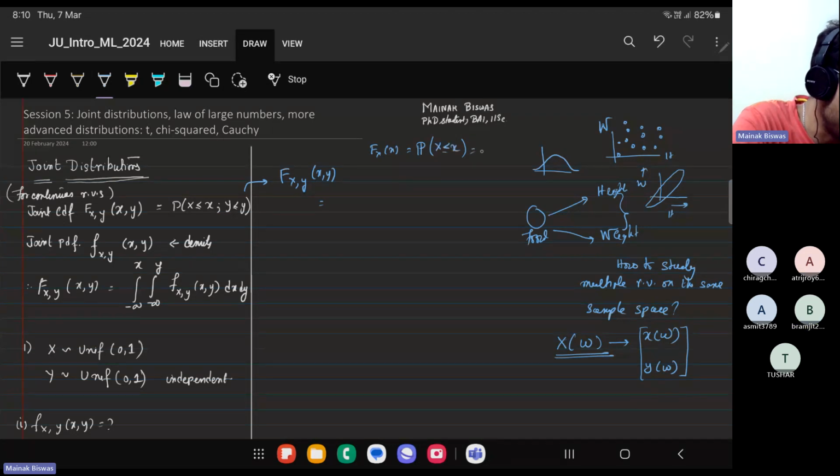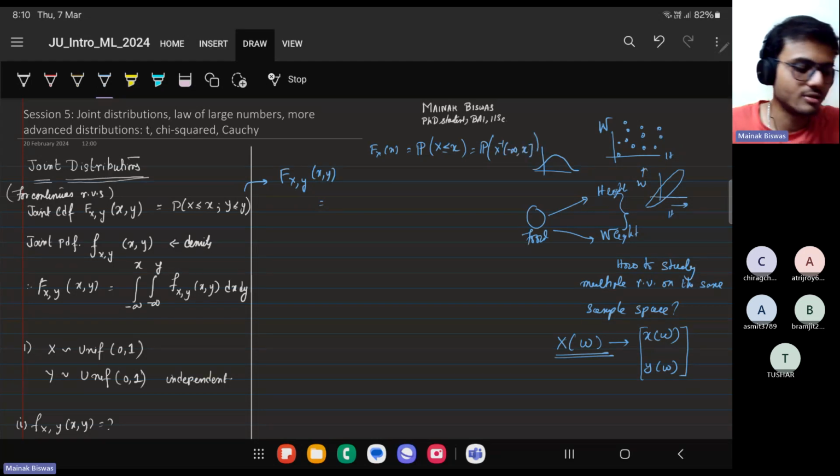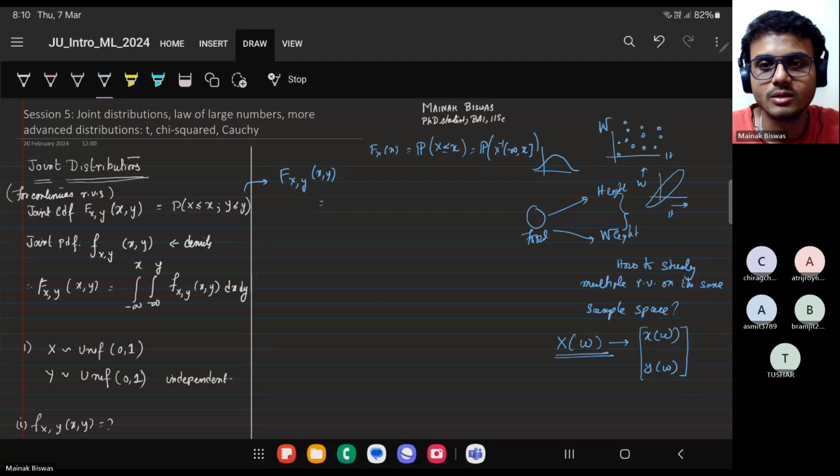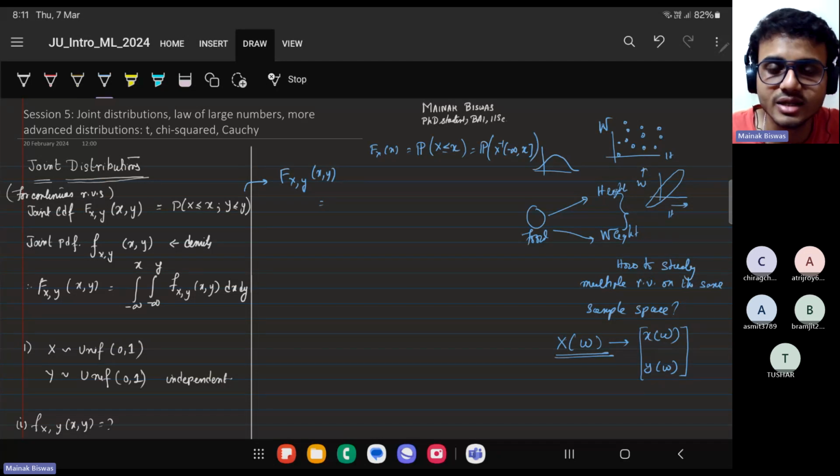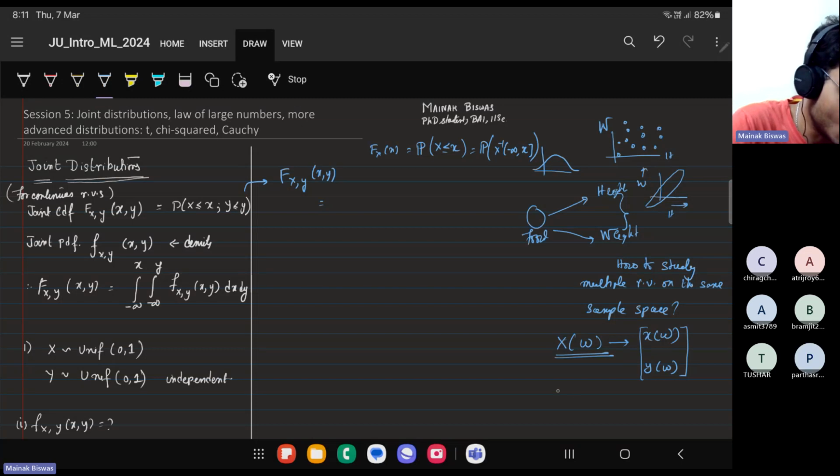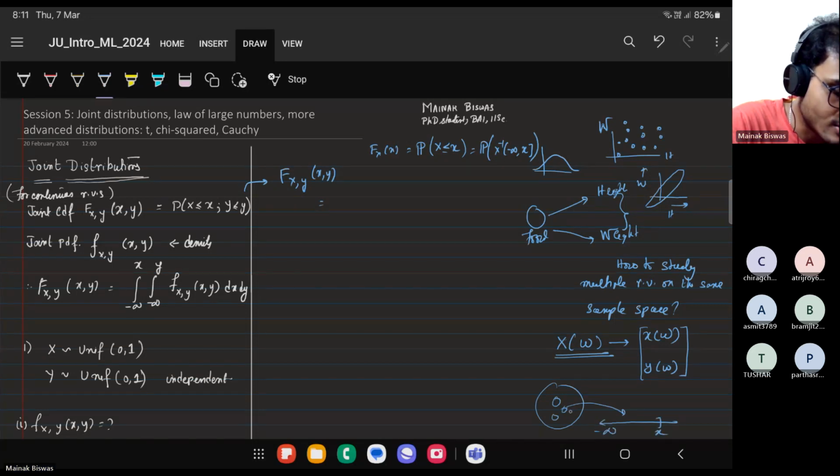That means all the events whose inverse map lands in this range. Like last day, it was in terms of sets: all those events for which you map between minus infinity and x, and that's the probability that you found.